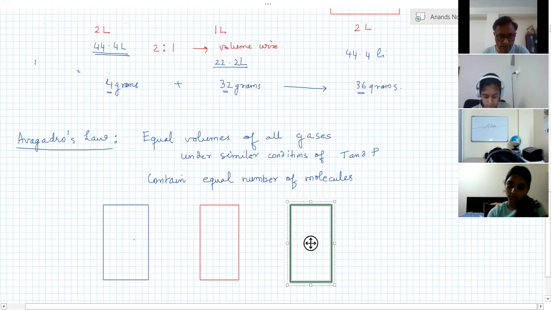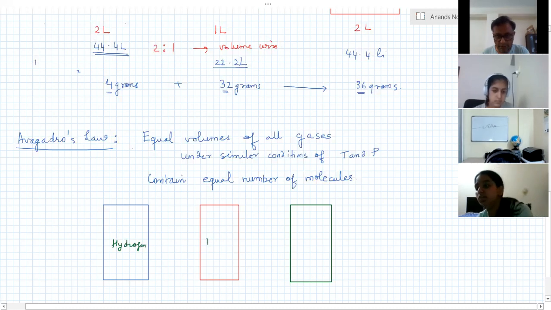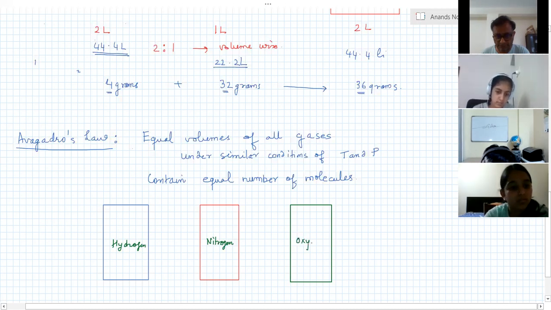This is hydrogen, this is nitrogen, and this is oxygen. All of them 1 liter. That is, I have taken equal volumes of all gases. I have taken 3 gases now.